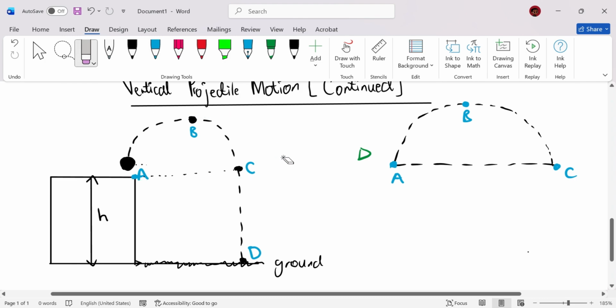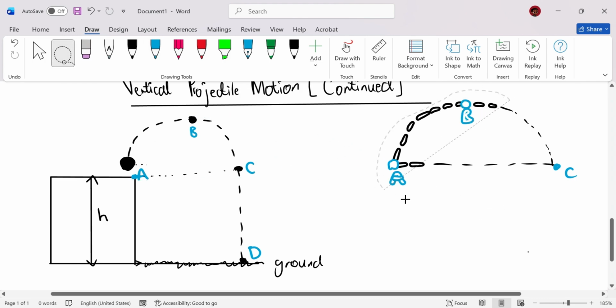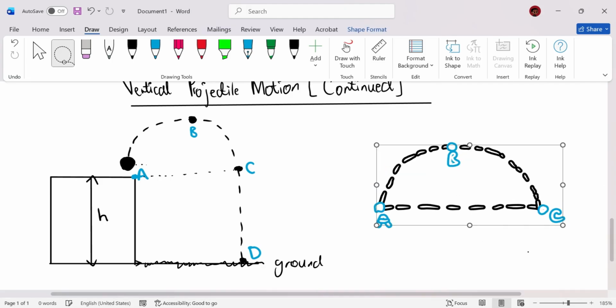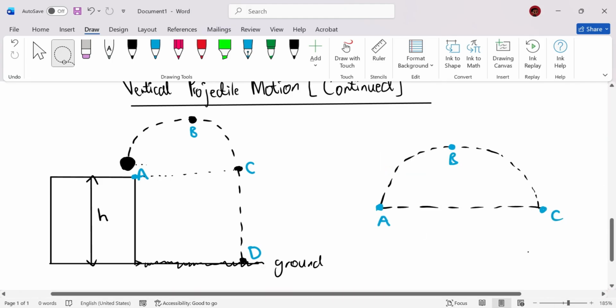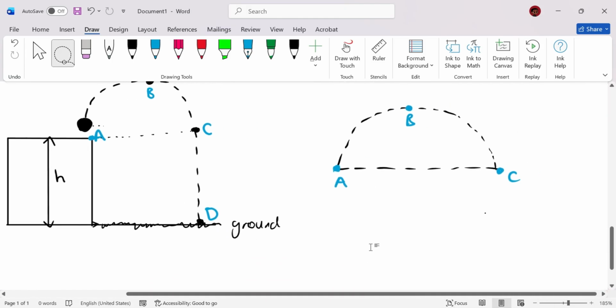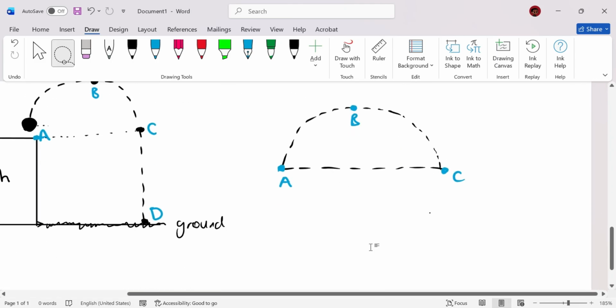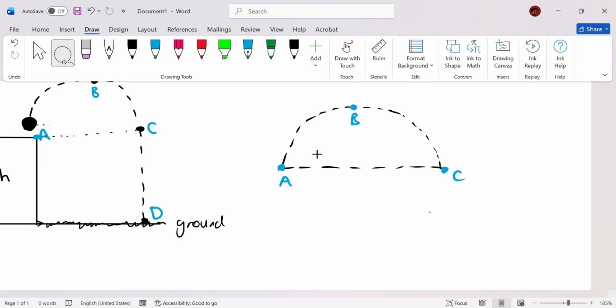I want us to focus on something real quick before we go back to our building diagram. When I have this certain diagram, we're going to be focusing on the diagram on the right-hand side, this hemisphere diagram. What I want you to notice is that point A was the point where the ball was released, or rather the ball was thrown, not released, but thrown.